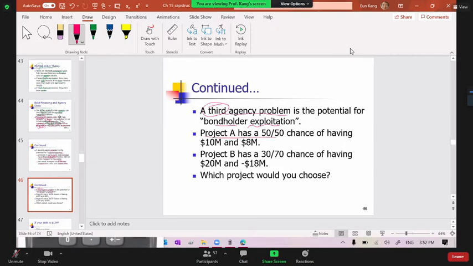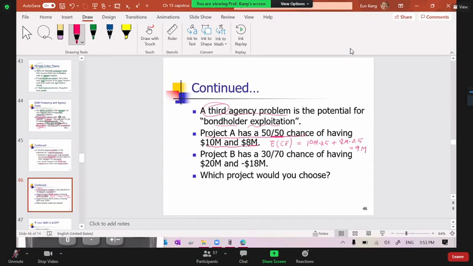Project S has a 50-50 chance of having 10 million or 8 million. Then what? The expected cash flow is 10 million times 0.5 plus 8 million times 0.5. That is 9 million, right?